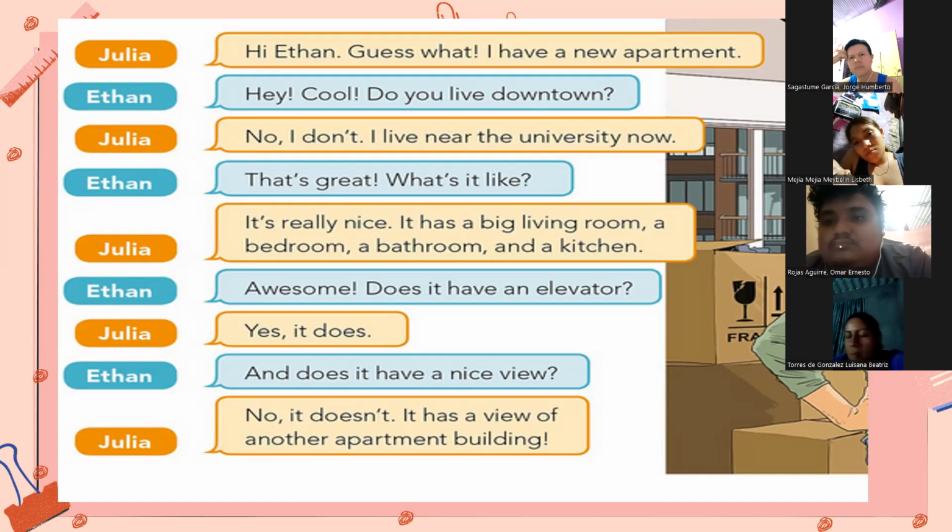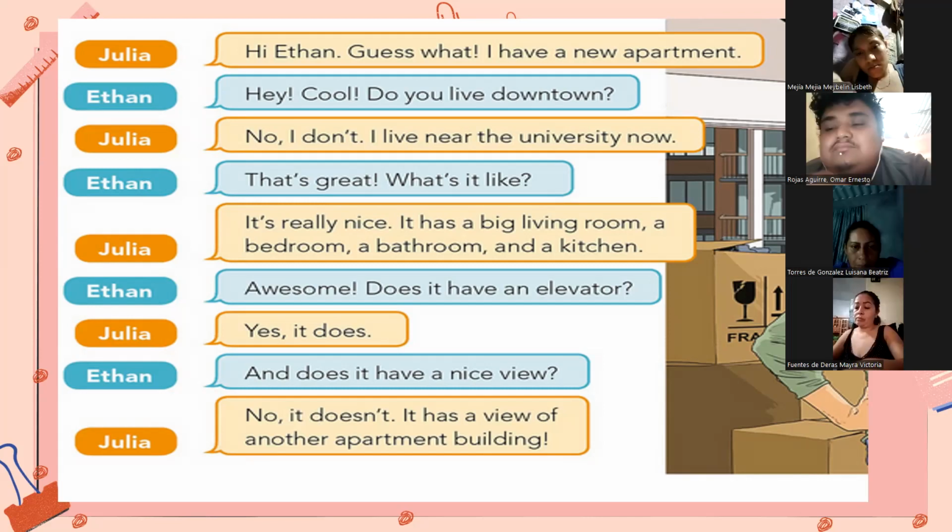Does it have an elevator? Elevator? Yes, it does. Does it have a nice view? View. No, it doesn't. It has a view of another apartment building. Okay, very good job. Thank you.